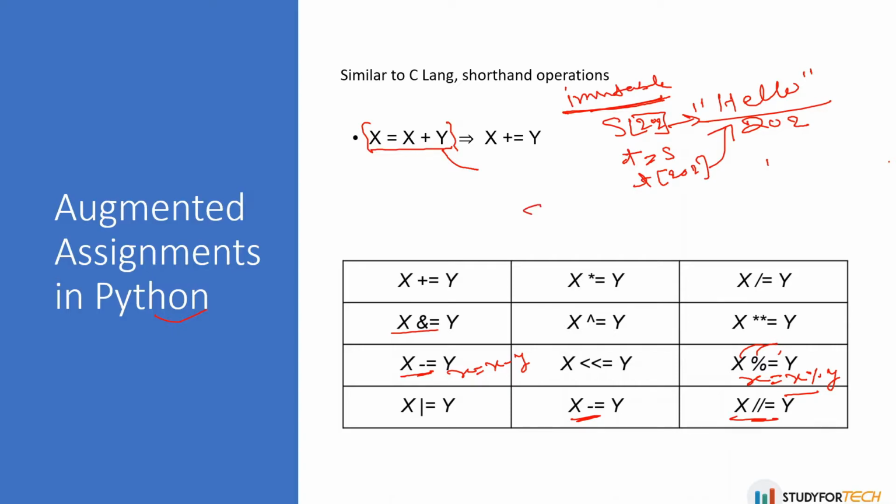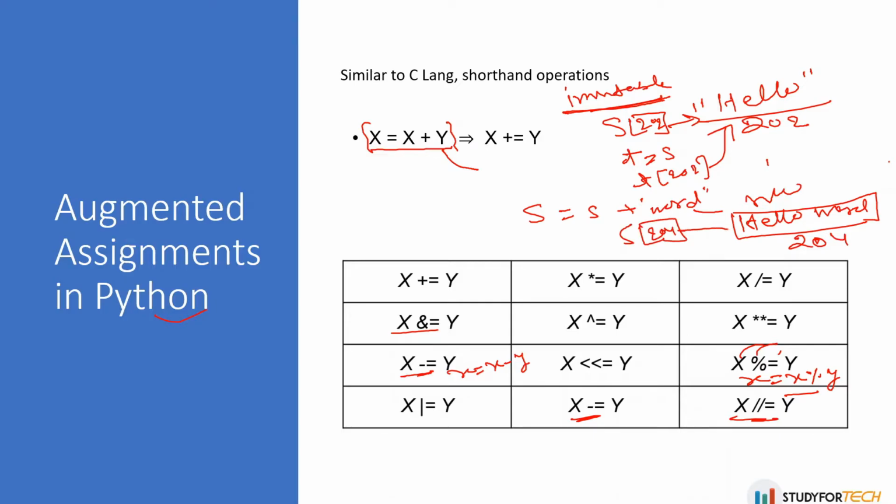And when I say S equal to S plus world, here it will create a new object. So it will create hello world in some new memory location, let's suppose 204. So S would be pointing to 204, but T is still pointing to hello.